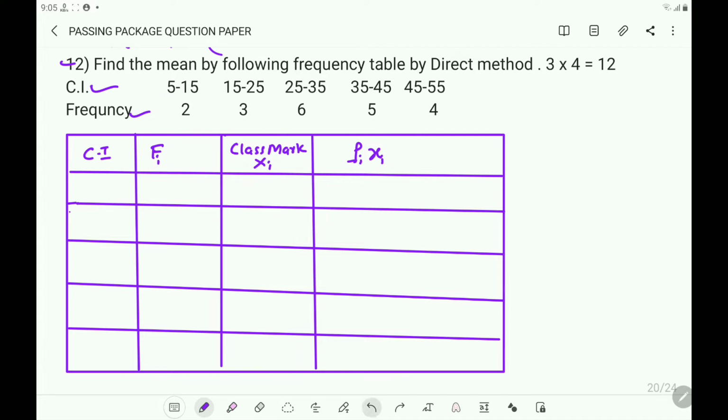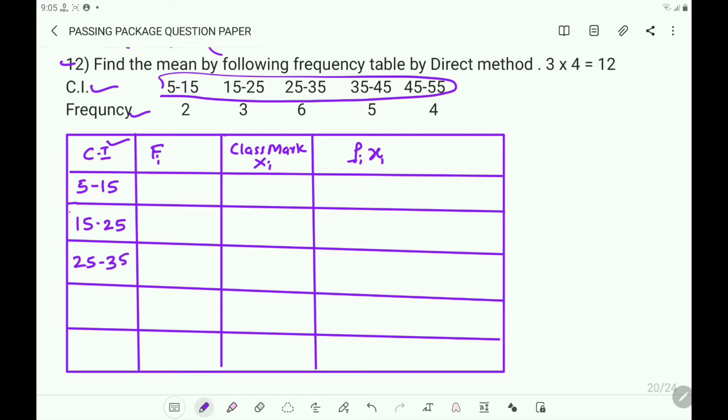In the first column, class interval, you write the classes here. First one is 5 to 15, second 15 to 25, third 25 to 35, fourth 35 to 45 and 45 to 55.